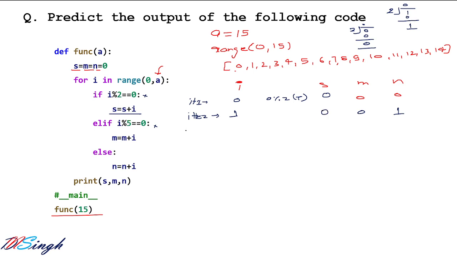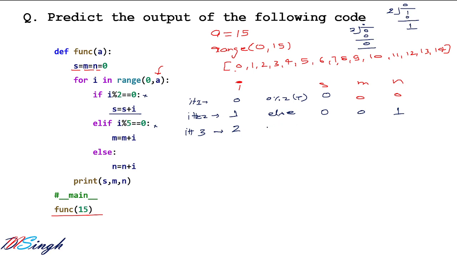Then iteration 3. Check in iteration 3, the I value will be 2. All conditions are checked: for I value of 2, I mod 2 means 2 mod 2 is equal to 0.